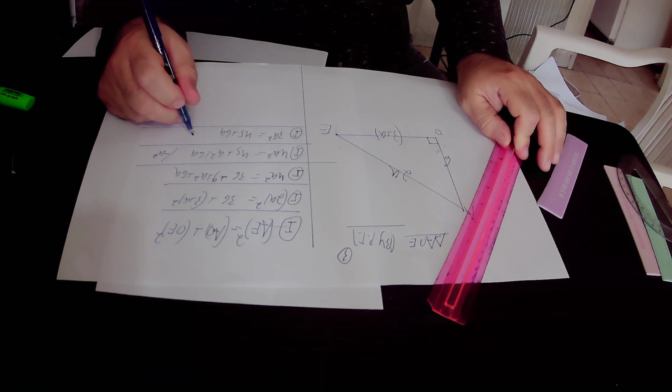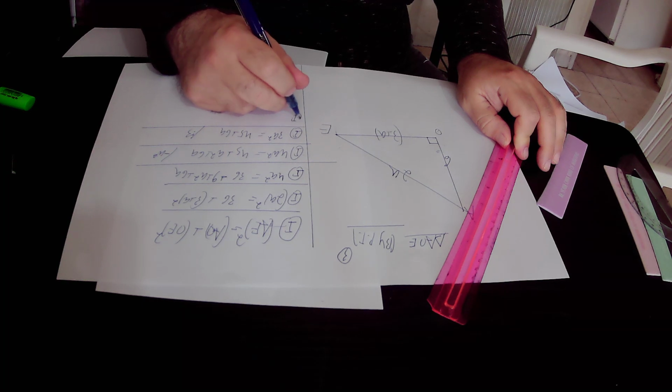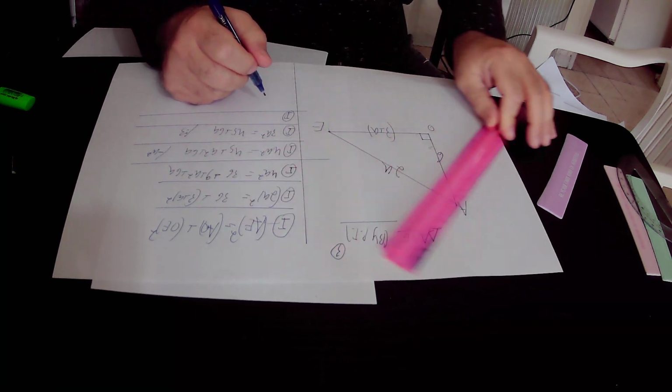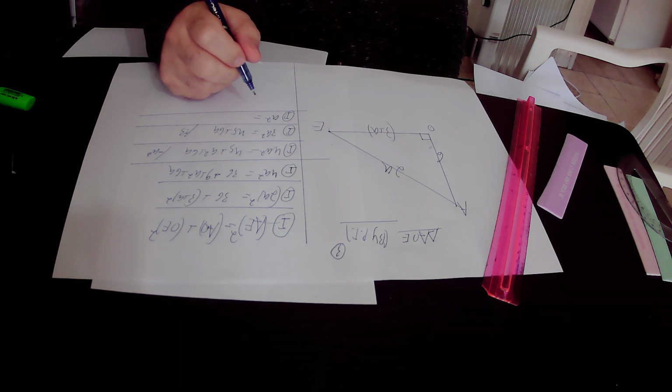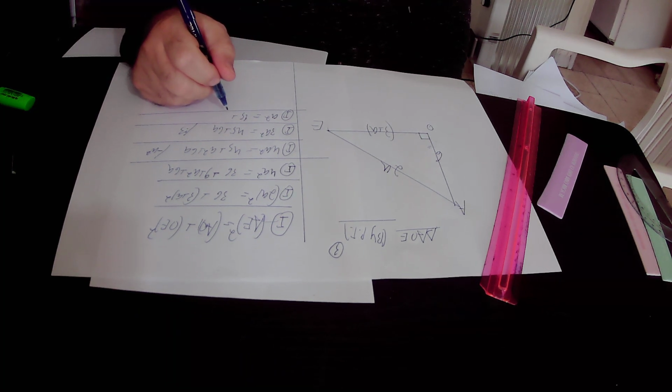Here we divide equation number 1 by 3, and we get that 3A squared over 3 is A squared. That is equal to 45 over 3 is 15, and 6A over 3 is 2A.